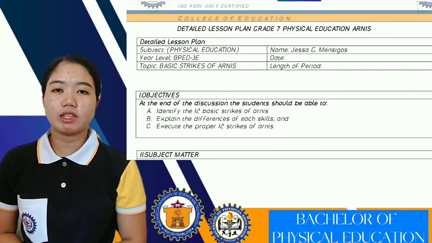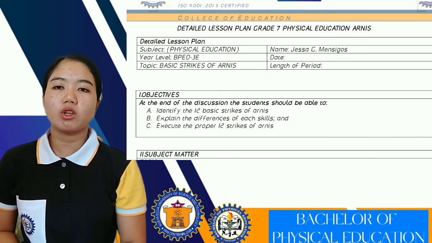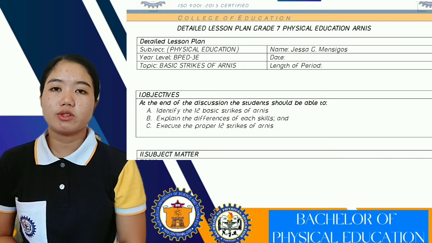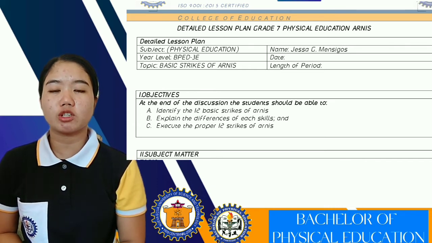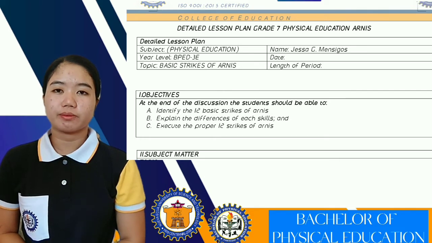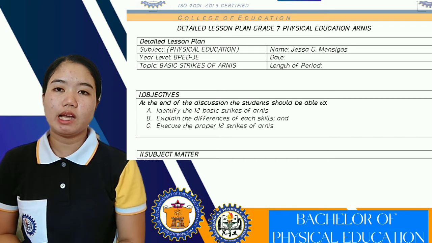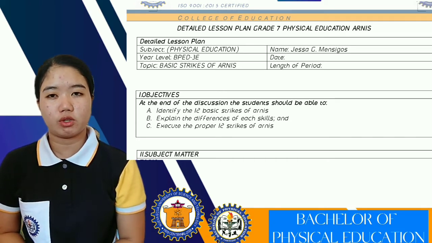And for the affective, it explains the difference of each skill. So dito, you can deal with the things emotionally. So it may answer the question, what behavior or change may happen at the end of the day? So dito, ano nga ba yung mga behavior, values, and attitudes na may encounter ng mga students mo at the end of the discussion?